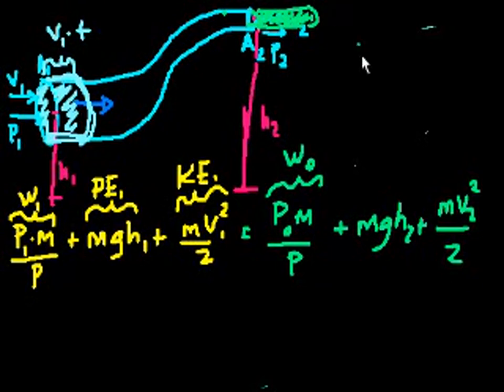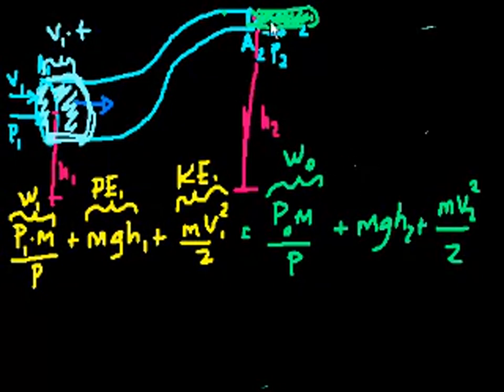So what we say is that the work that this column can do in that same amount of time would be the output pressure times the mass of this column divided by the density of the column, which is the same because the density of the liquid is the same throughout. The mass of this column is the same as the mass of this column, because the volume hasn't changed, and the density hasn't changed, so they're the same mass.